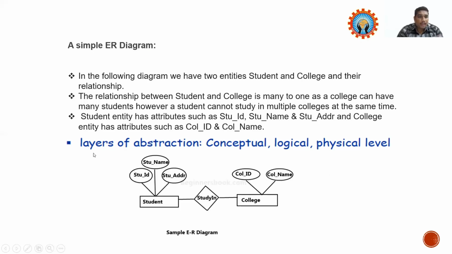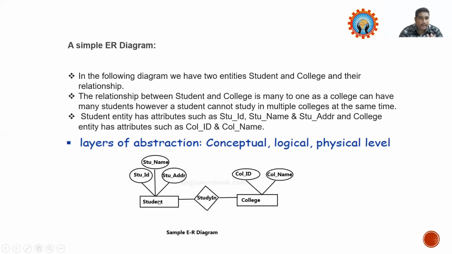Now see, in the previous class, we defined the layers of abstraction: conceptual, logical, physical. Already you understood the previous class, but some have doubts. In conceptual, you are designing your diagram, so we can see it, so why are you saying that is an abstraction? See, this is important.